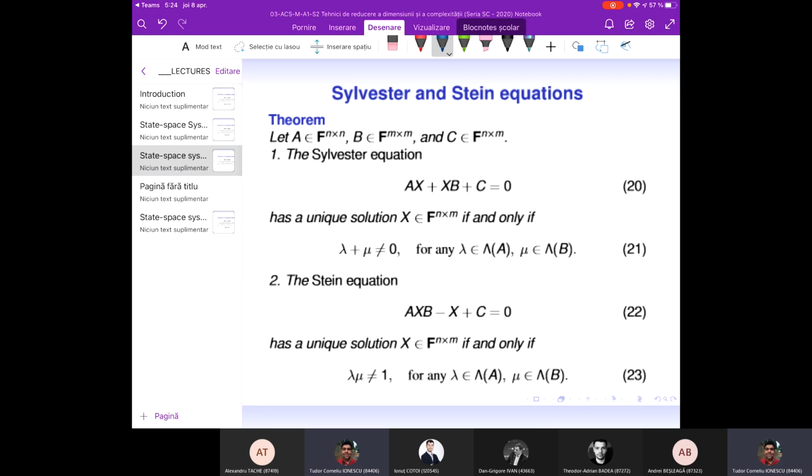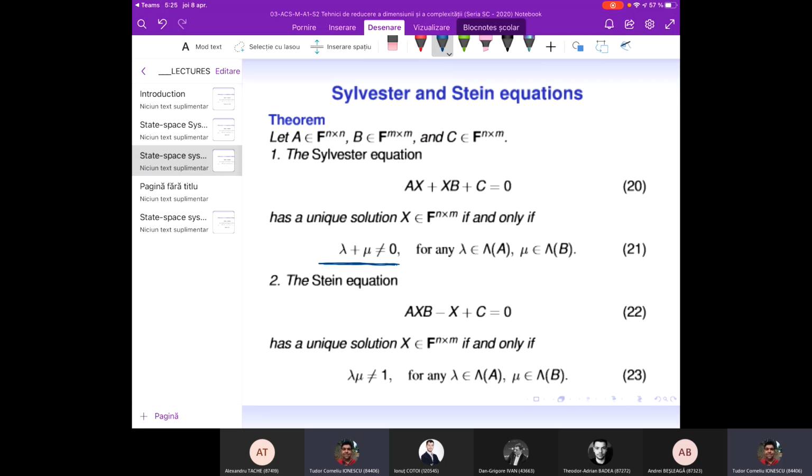Then the Sylvester equation AX plus XB plus C equal to 0 has a unique solution if and only if the eigenvalues of the matrices A and B satisfy this relation.